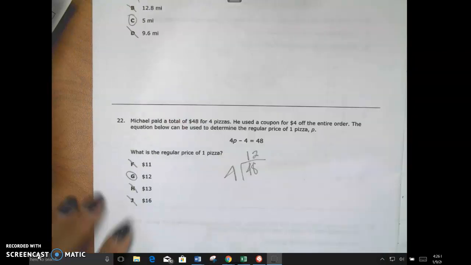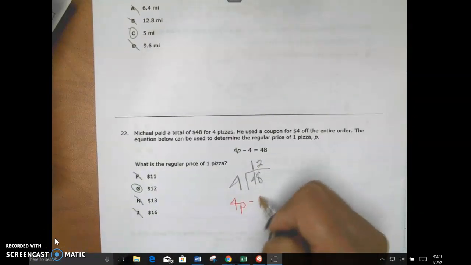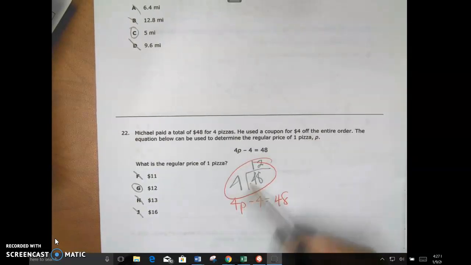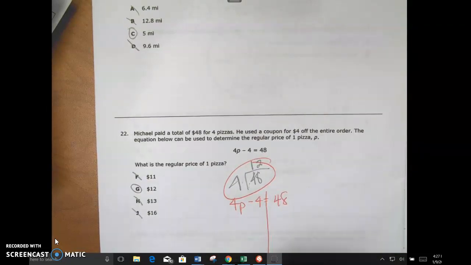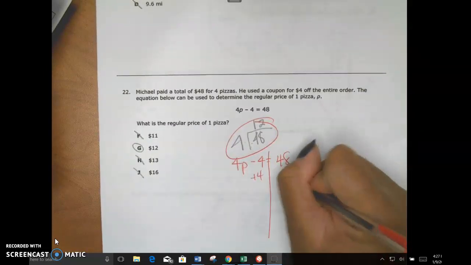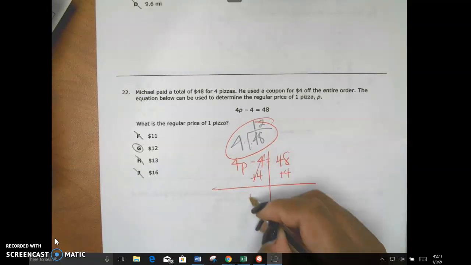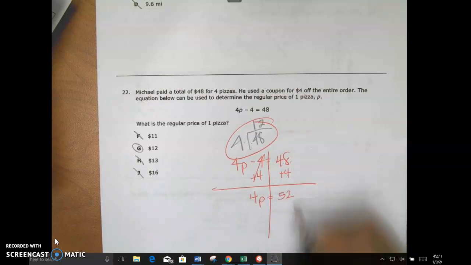So now when I go back and do this, you know how to solve 4p minus 4 equals 48. I don't know why we would jump right into this when this is not what I have taught you. So we would draw a river, you're welcome, and then get rid of this minus 4 from both sides. Add 4, add 4. Draw a line. These 4's cancel out. 4p equals 48 plus 4 is 52.